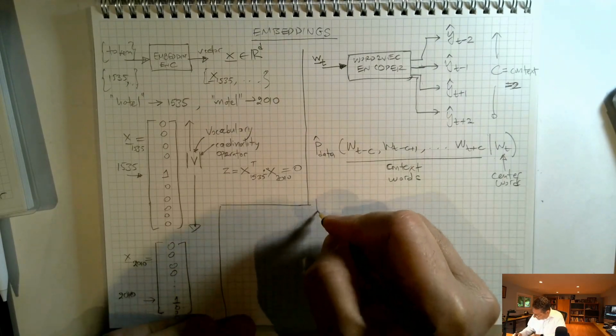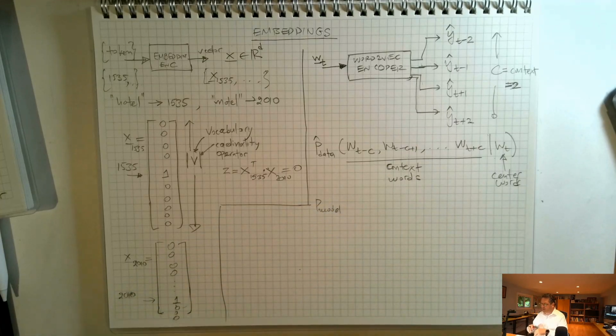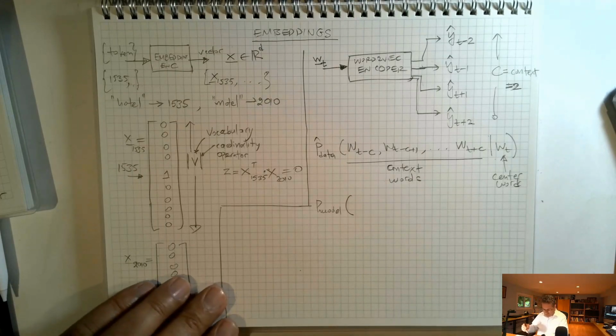Our P model is going to be of a similar nature to our P data hat, because as we discussed, we had to produce a P model that is going to be parameterized by a parameter set theta to be able to approximate that P data hat as closely as possible.